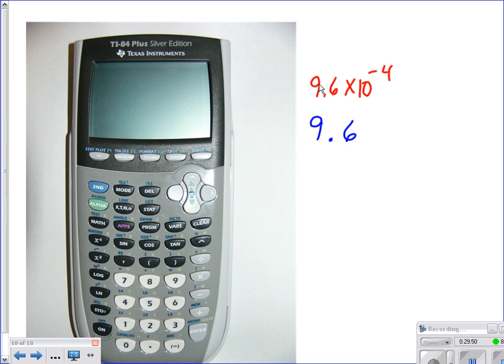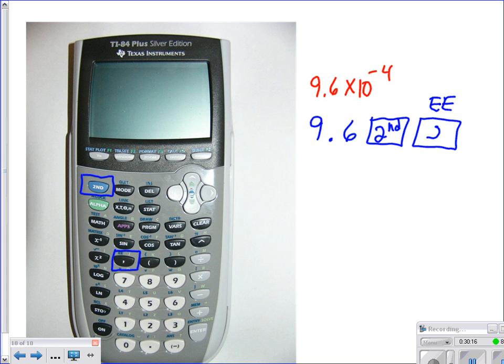The next thing you're going to do is hit this key right here. It's yellow on a lot of your calculators. It's that second function key in the upper left-hand corner. You punch that in, which takes it to the things that are above the buttons, and the one you want is that comma, because what you want is the EE, which is your scientific notation, your exponents.